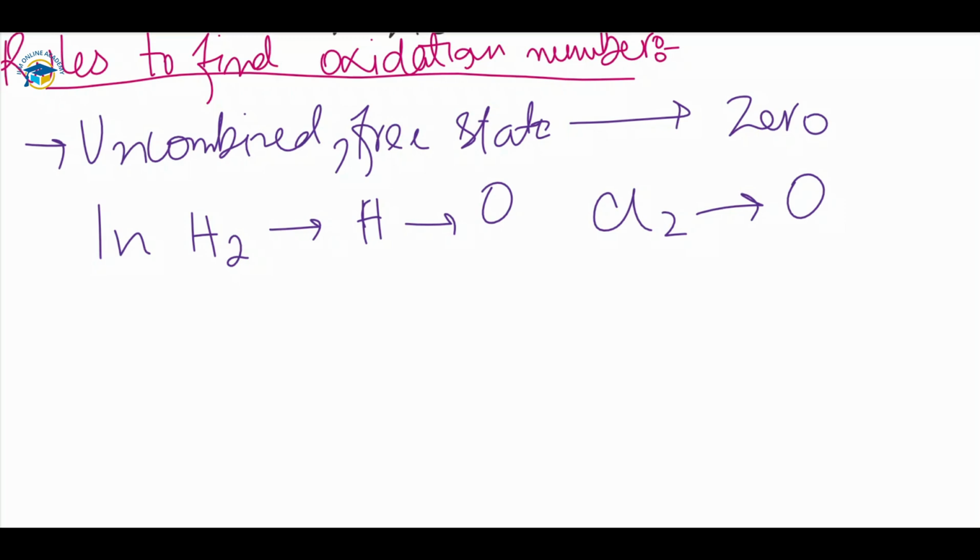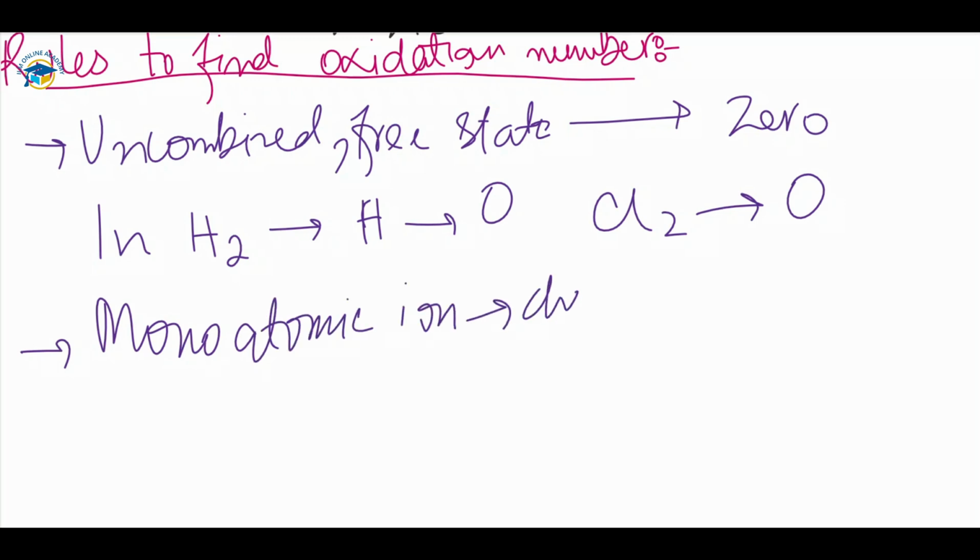Second, the oxidation number of an element in a monatomic ion is the charge on it. If there is any monatomic ion, the oxidation number is the charge present on it.